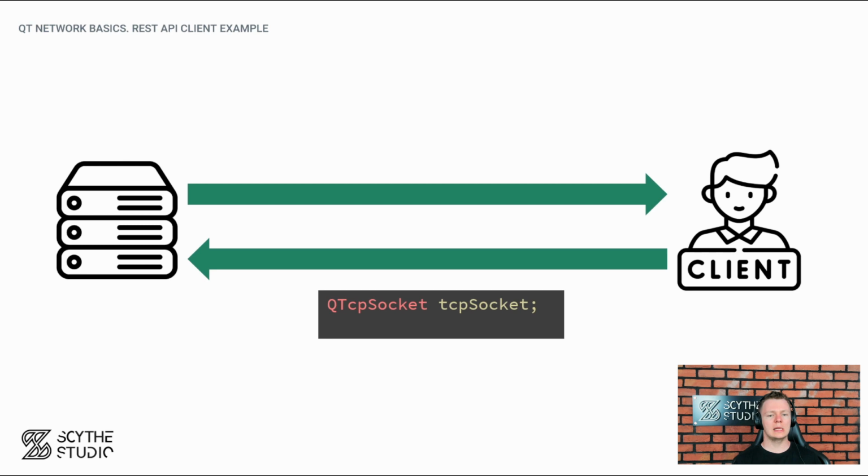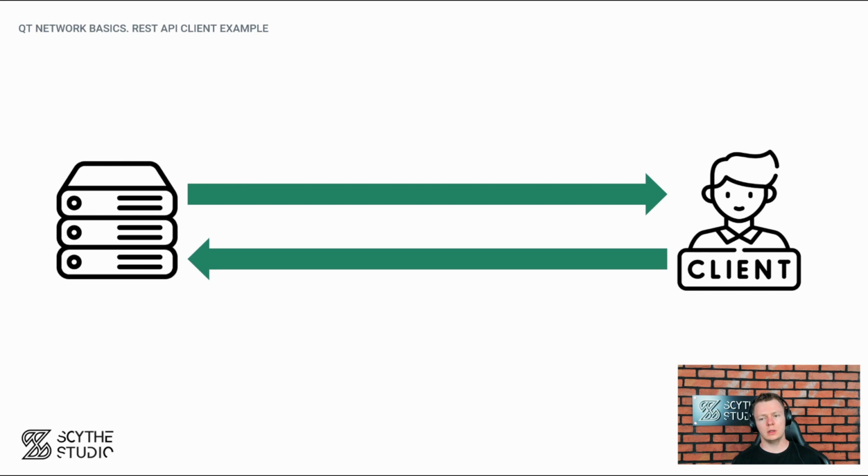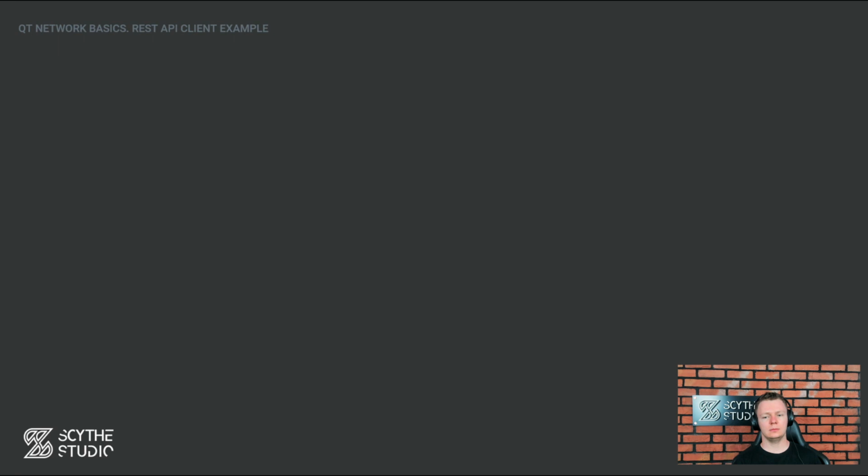Also, if you need an encrypted connection, there is QSslSocket. However, in most cases, reinventing the wheel is not a good idea. Fortunately, there are already many well-known and widely used solutions available for our needs.